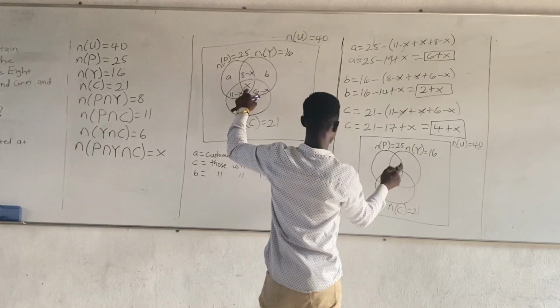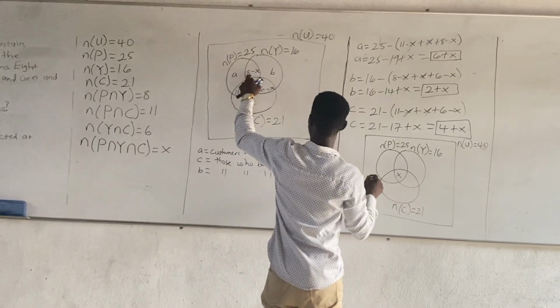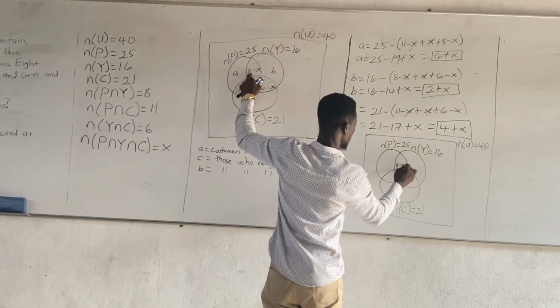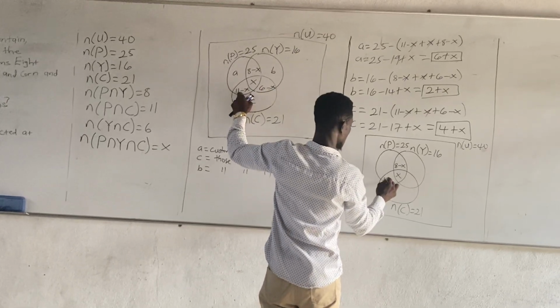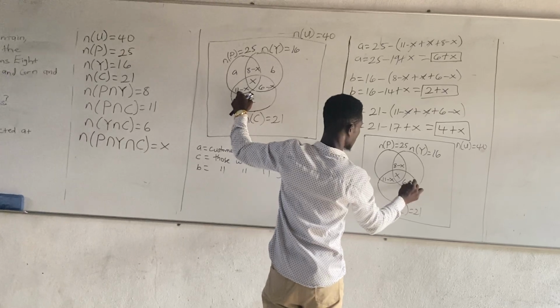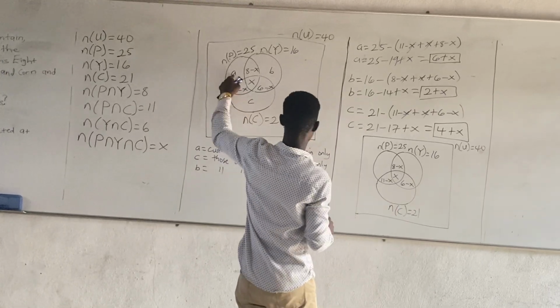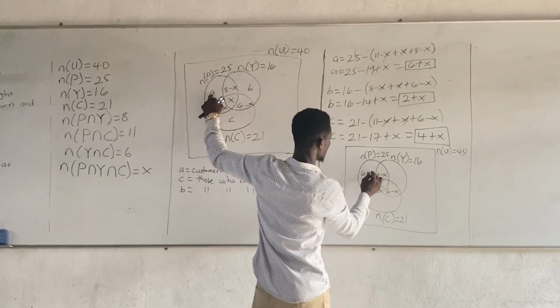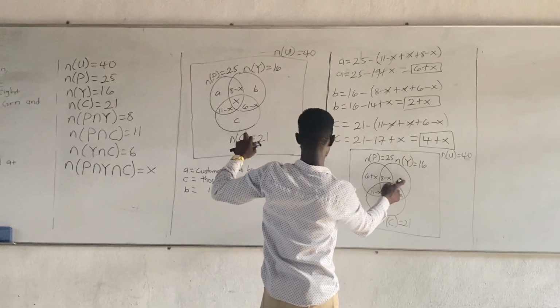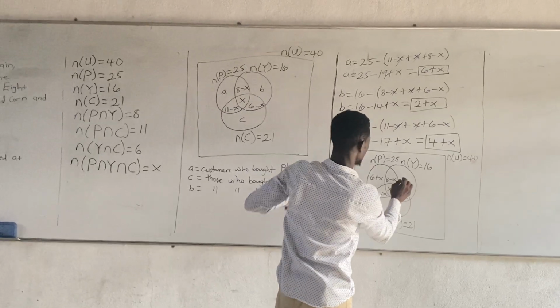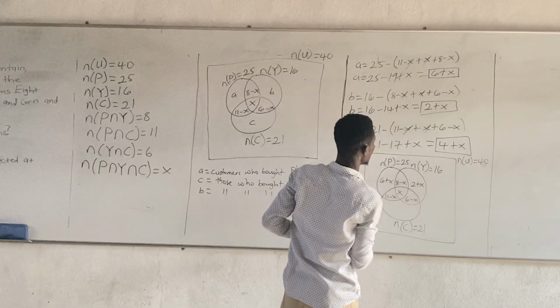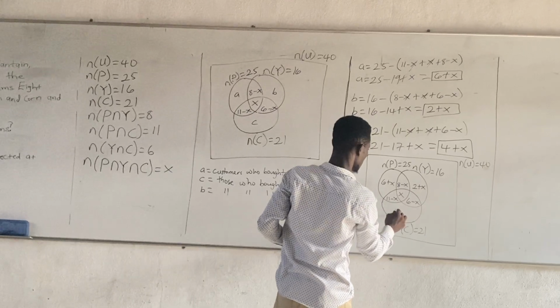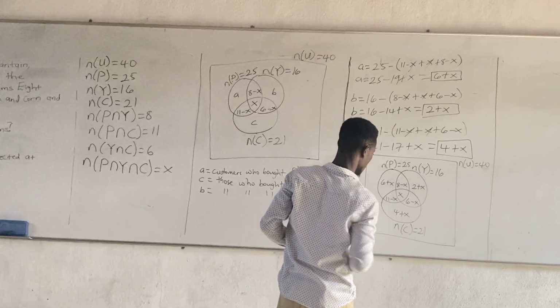Again here, look there, this is x. Here you get 8 minus x, 11 minus x, 6 minus x. Here we have a, but a is 6 plus x. You have b, b is 2 plus x. And you have c, c is 4 plus x.